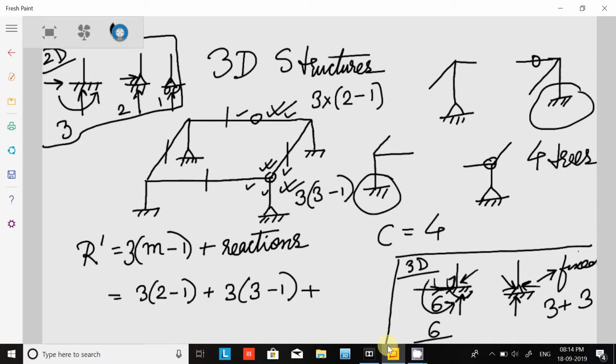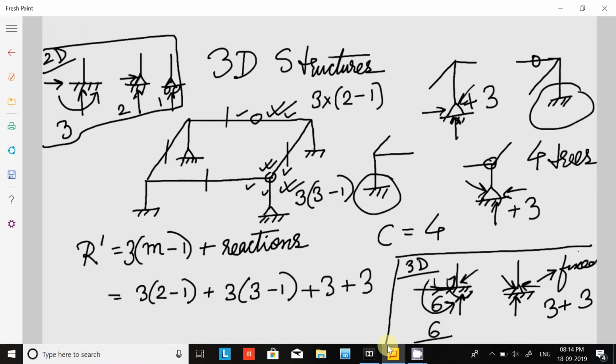But here we have to add plus 3 because the hinge is giving 3 reactions in 3D, and here also the hinge is giving 3 reactions, so we add plus 3. So ultimately plus 3 plus 3. So how much is r prime? It will be 3 plus 6 plus 3 plus 3, which is equal to 15.